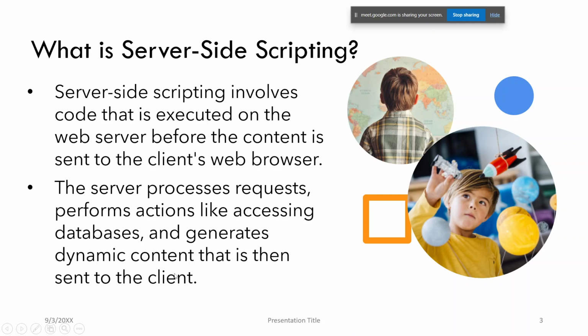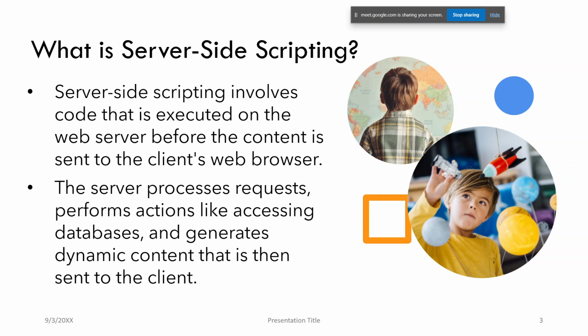Why is it said to be dynamic content? For example, you give your email id at gmail.com and your password, and click on the login button in Gmail. It will go to the Gmail server, which is in the US, and then come back with the response with your inbox. That is dynamic content. If I give my email ID and password in Gmail, I will get my inbox with my emails.